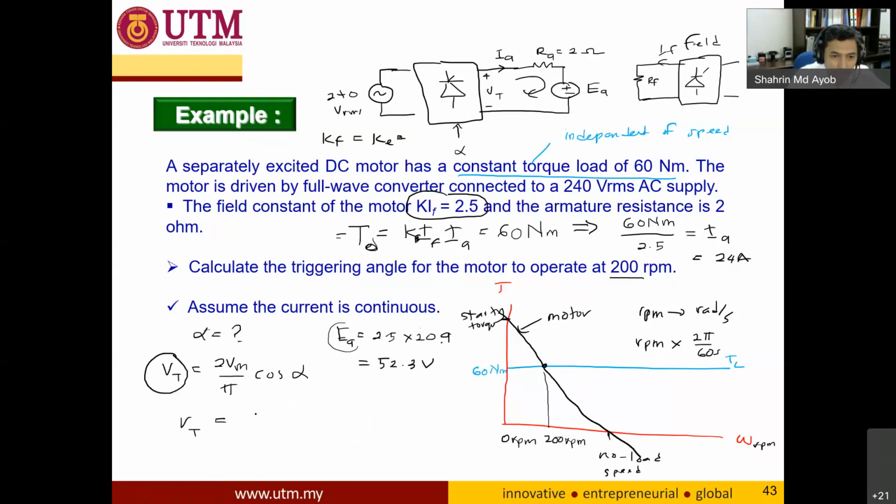So this one is 24 multiplied with 2 ohm plus 52.3. Your answer should be around 100.3 volts.